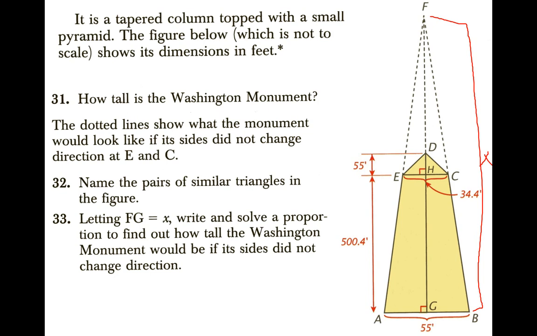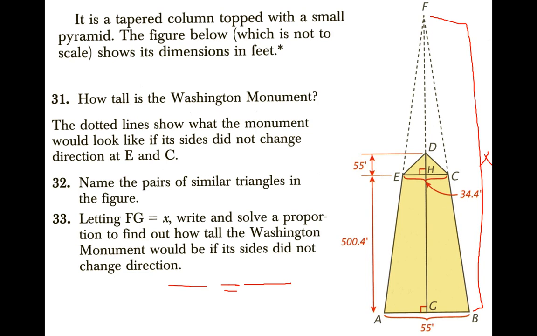If FG is x, write and solve a proportion to find out how tall the Washington Monument would be if its sides did not change. So we've got something equal to something. It's going to depend on which triangles you found here on 32. And then you would set their corresponding parts in ratio here.